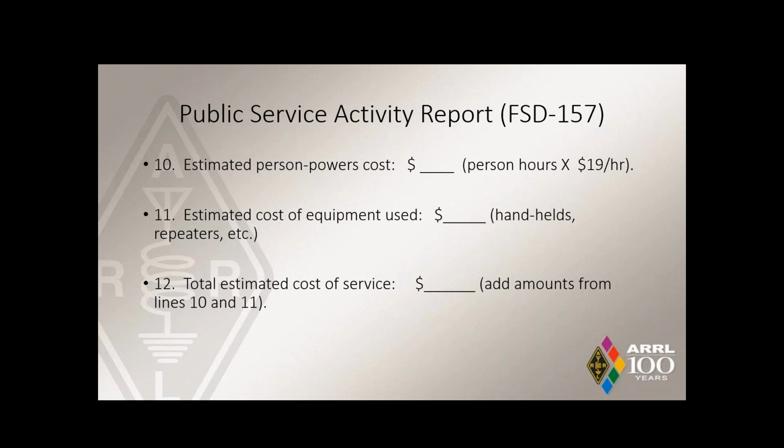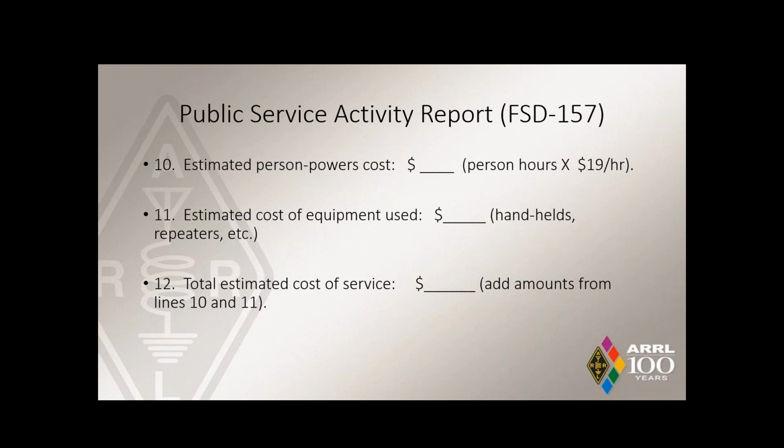Point number 11, estimated cost of equipment. Well, for now, just give us your best guess on this, because we realize that this too will be revised for future updates on this activity report form, only because there are many considerations when it comes to counting the cost of equipment used in emergencies. Is it new equipment?